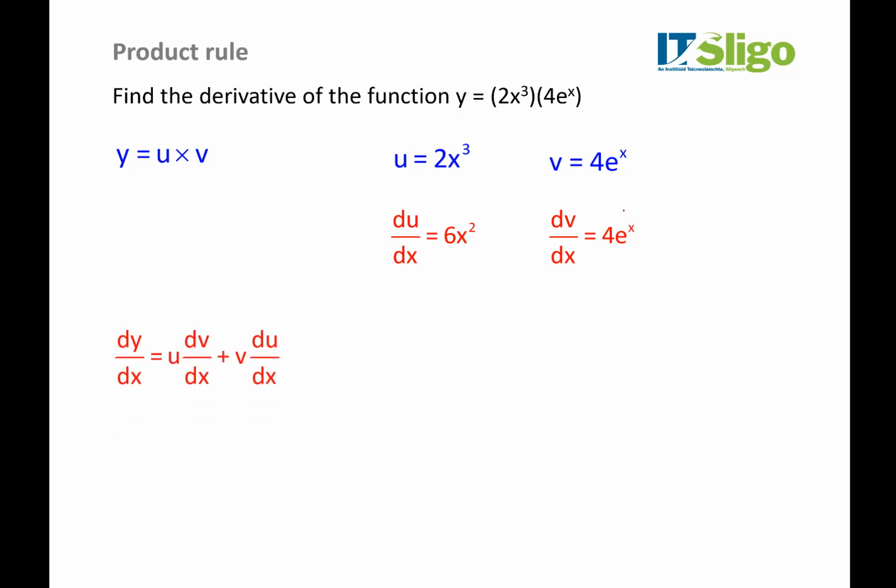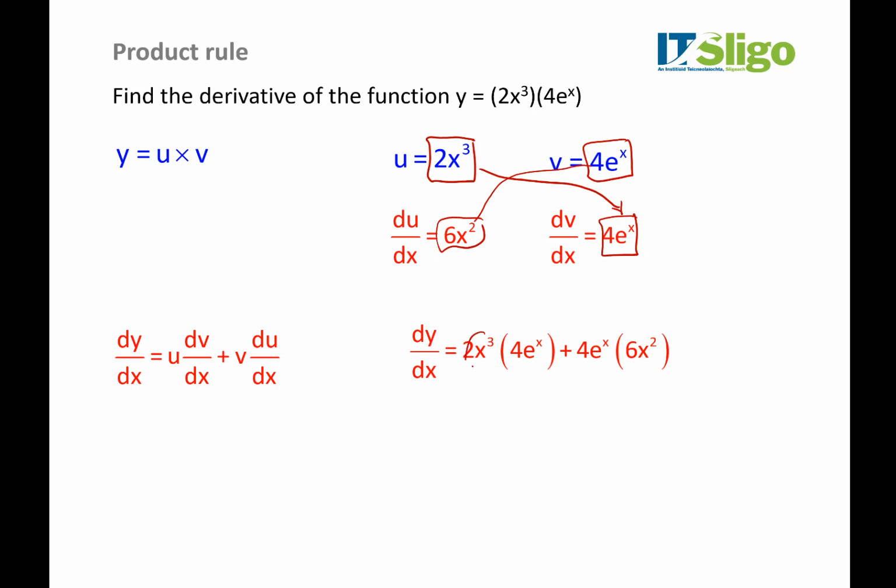So now we take a look at the rule. We have the 4 elements. So it's this bit, 2x cubed, u dv dx. So it's 2x cubed multiplied by that, plus v du dx. So you just slot them all into the formula, each of the 4 little blocks.